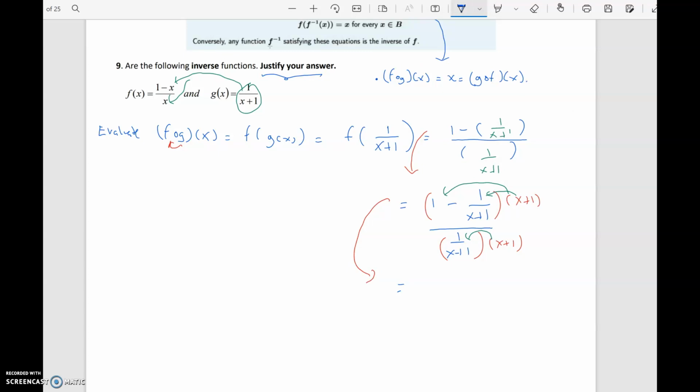We end up with the quantity x plus 1 times 1 over x plus 1, the x plus 1's cancel, so you end up with minus 1, over the bottom which cancels out to 1, which happens to be just x plus 1 minus 1, or x.